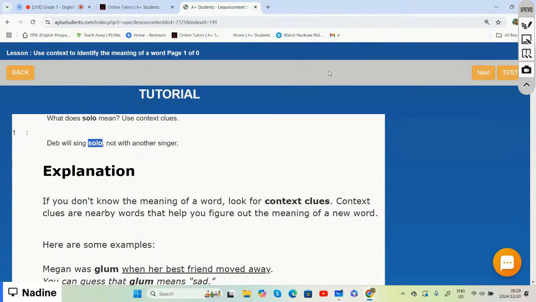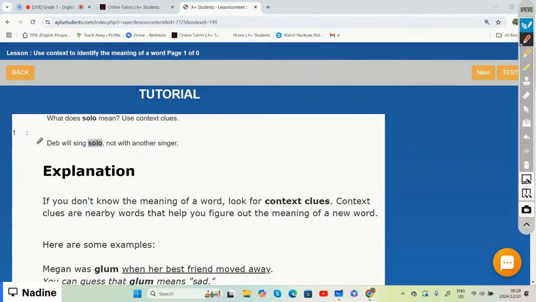Solo. What is another word for solo? If in the sentence it says, Deb will sing solo, not with another singer, what do you think it means?